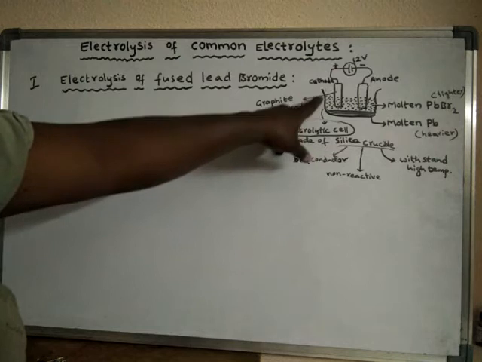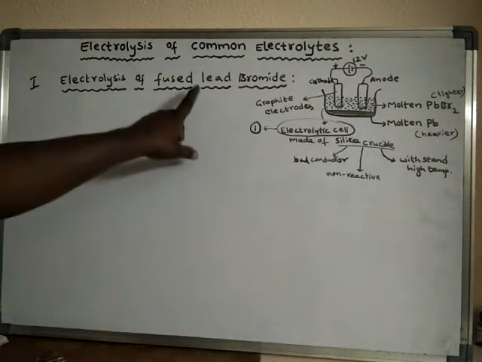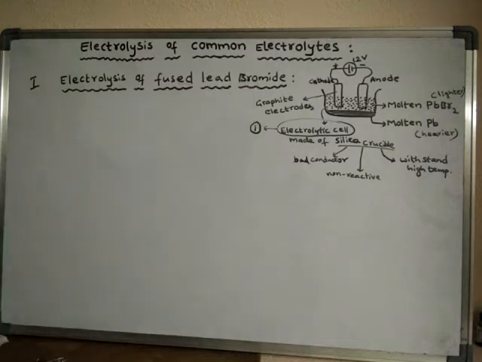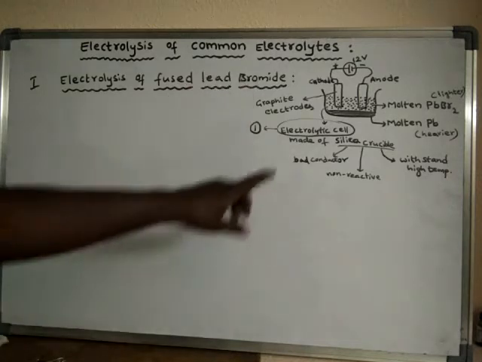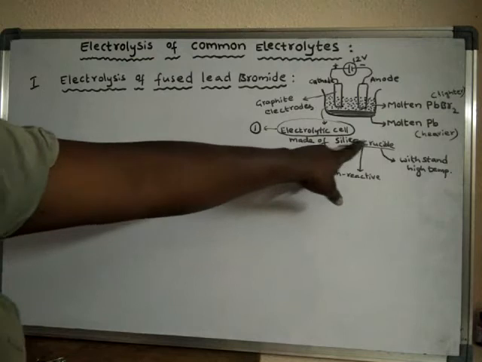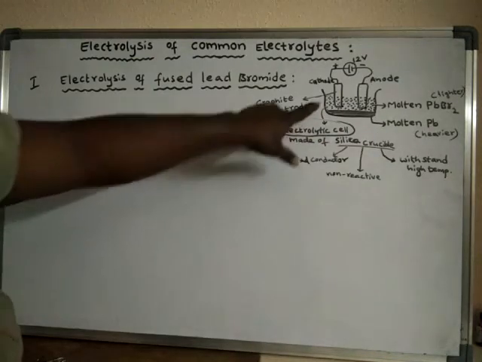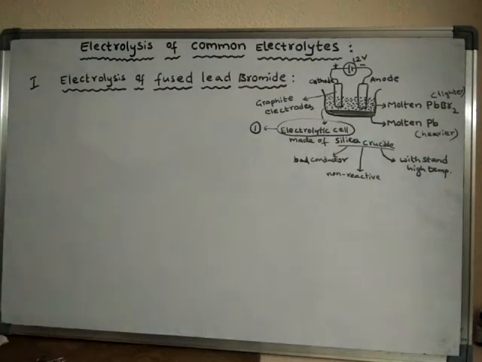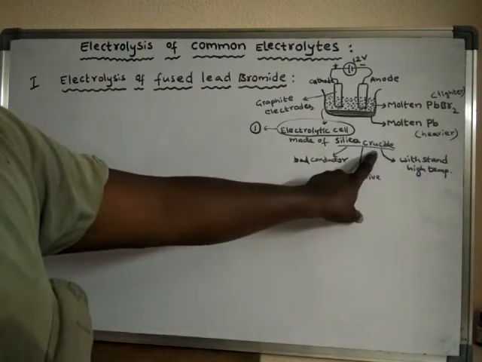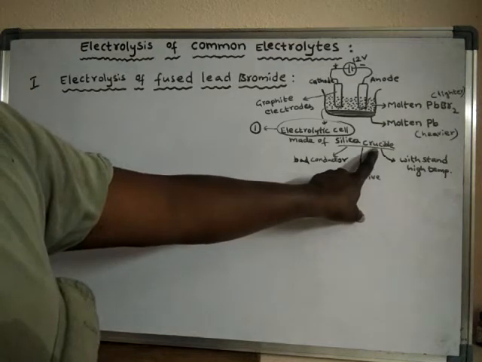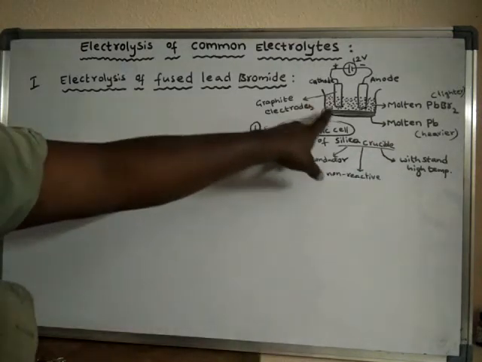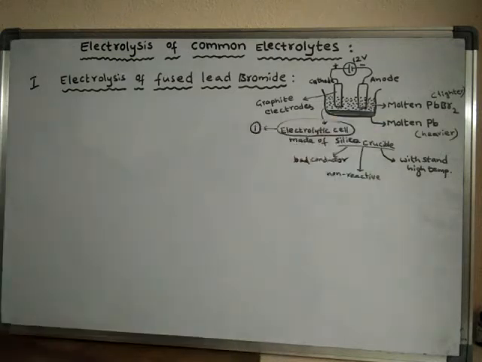The electrolytic cell in this particular case, fused lead bromide, is made up of a silica crucible. What is the meaning of crucible? A crucible is something which can withstand high temperature. So it is made up of silica.